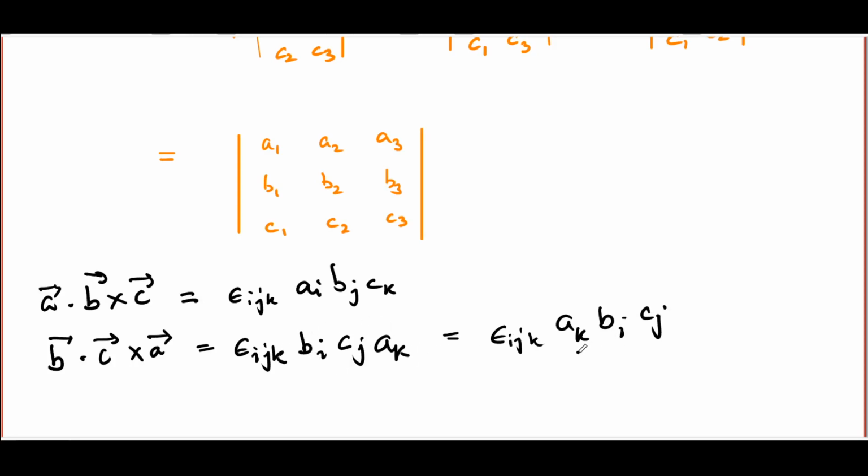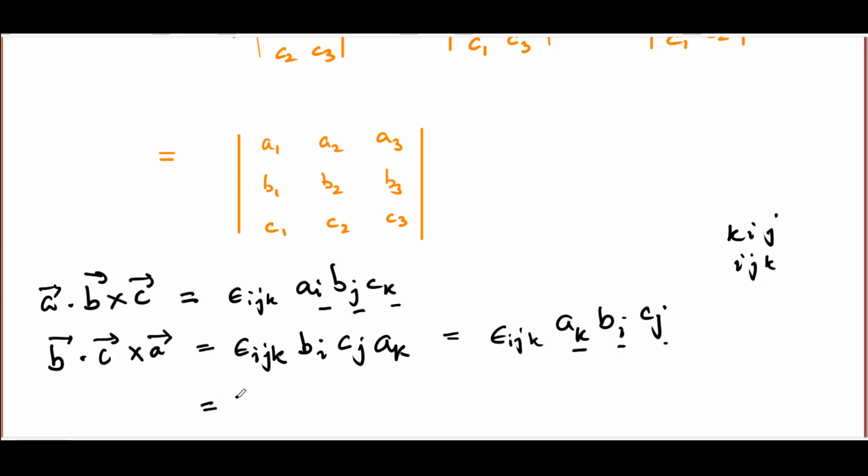But now note that the indices on the ABC components were i, j, k in the original version of A dot B cross C. Here it is kij, but kij and ijk are actually cyclical permutes of each other. In fact, if I replace k by i, i by j, j by k, I end up with ijk.